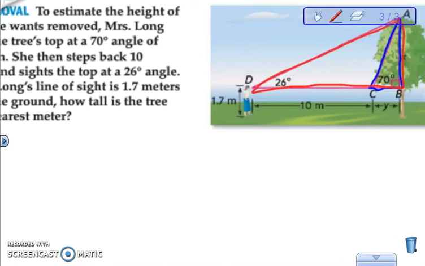So what we're going to do is take the small triangle first. Again, referring back to SOHCAHTOA, you know that tangent of 70 degrees is equal to x over y.